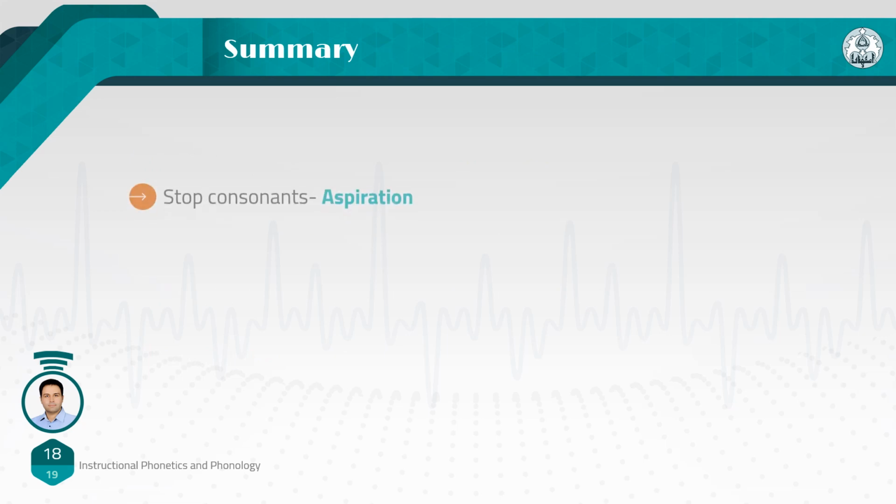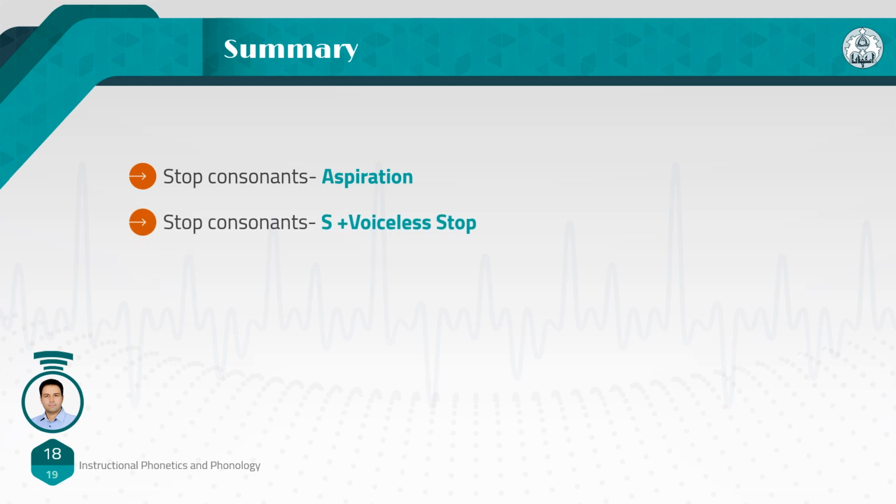So today we talked about stop consonants. First, we explained aspiration. Aspiration is a period of voicelessness after the release of the stop. It's the burst of air at the start of words like pie, tie, or kye.